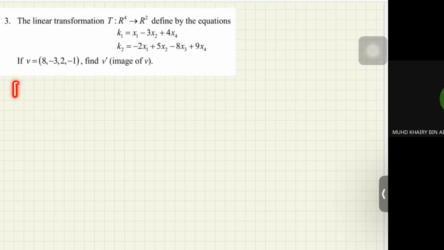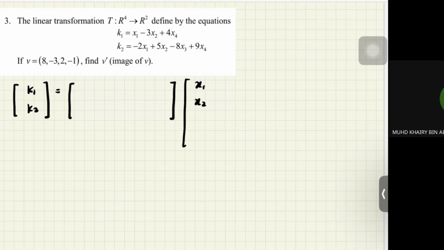You have two rows, K1 and K2, so this is given by the 4 values, times (x1, x2, x3, x4).